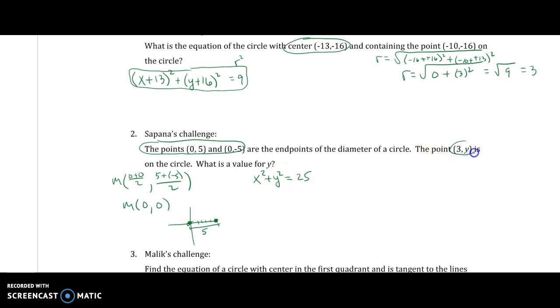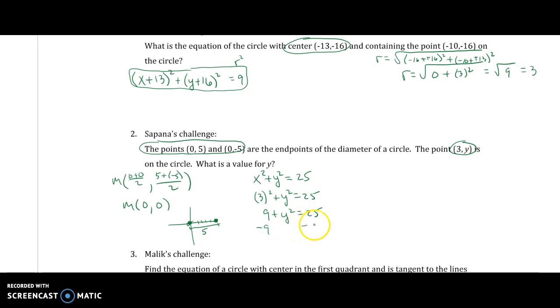So now they want you to find the value of y, and they tell you the point 3, y is on the circle. So that tells us x is 3. If we take 3 squared plus y squared equals 25, what's the value of y that would make this a true statement? You should see that this is 9 plus y squared equals 25. 9 plus what gives you 25? 16.